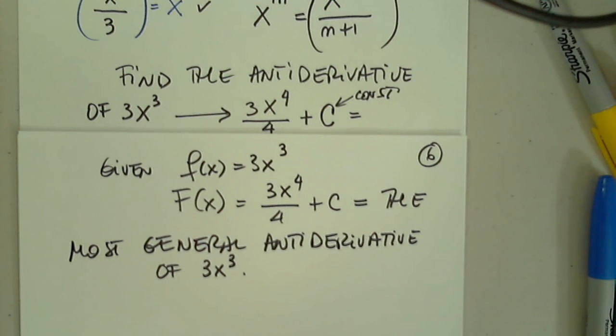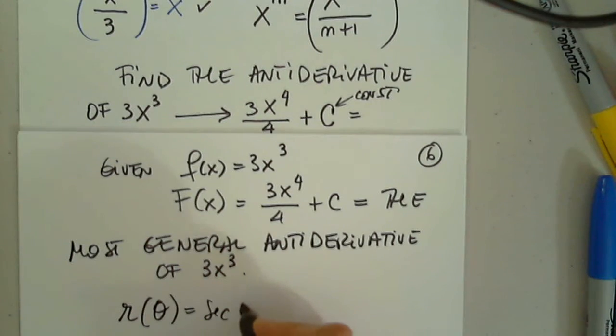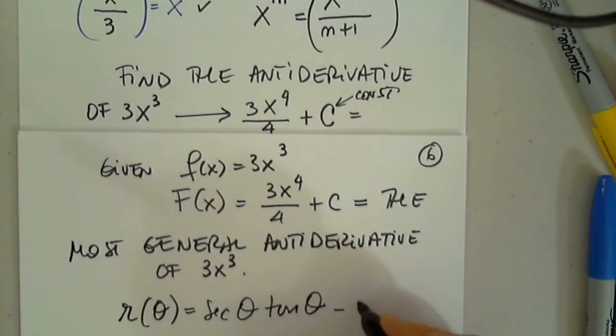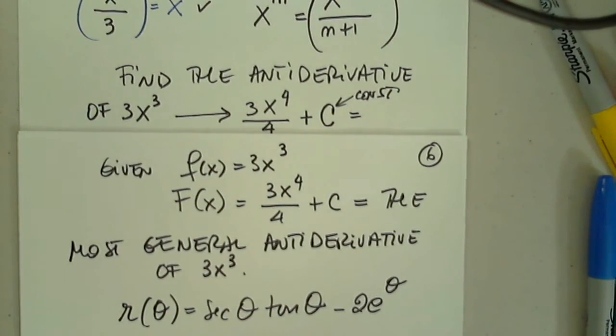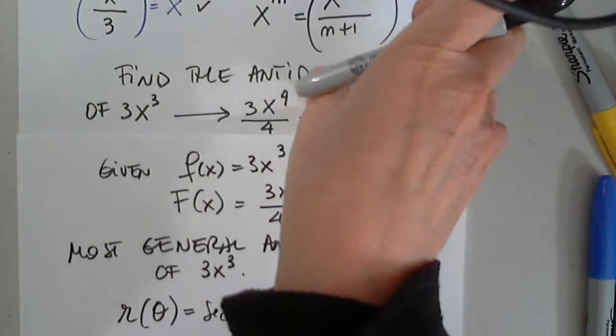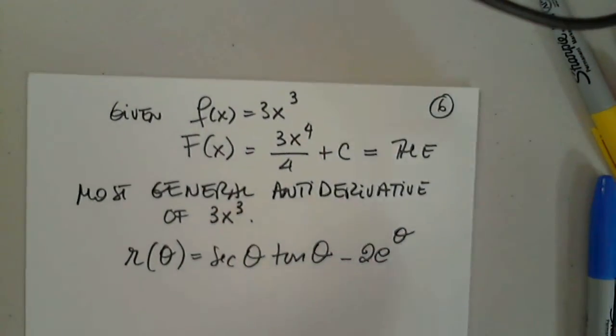So here's the first question. R of theta equals secant theta tangent theta minus 2e to theta. Since this is not a derivative, you can say, but it is, and I will have to agree, it is.